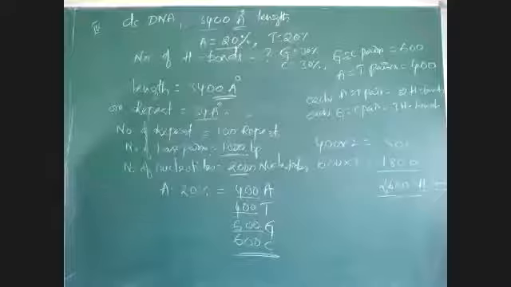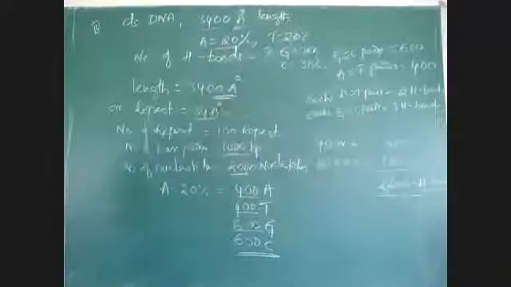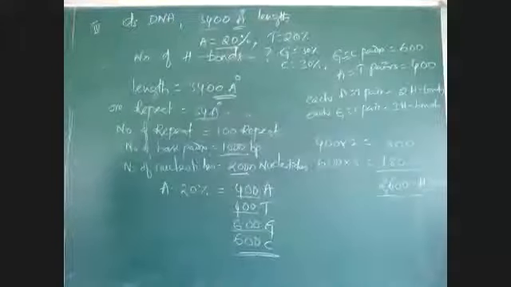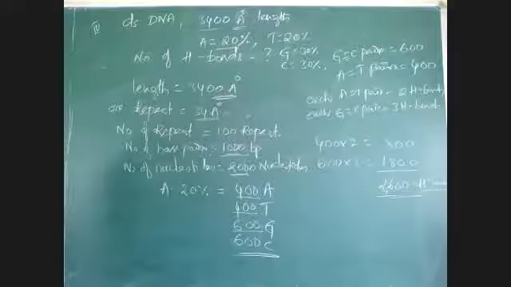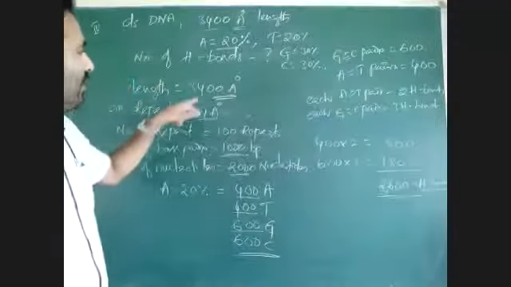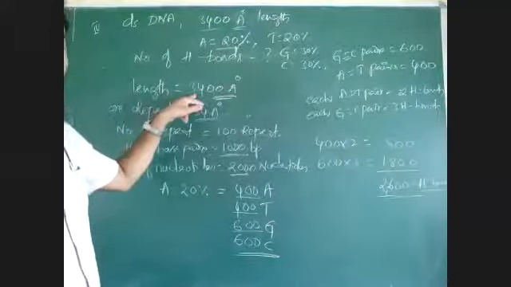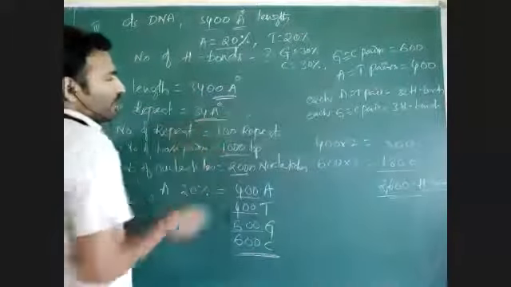Right? Did you copy this? How do you say number of repeats is equal to 100? See here, 3400 Angstroms. One repeat is equal to 34 Angstroms.